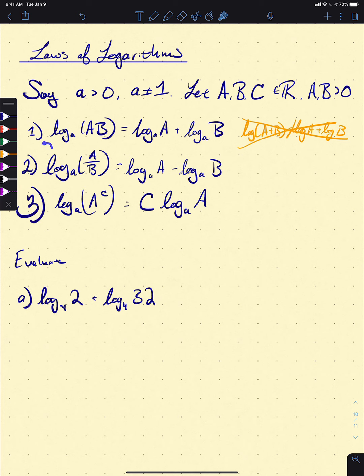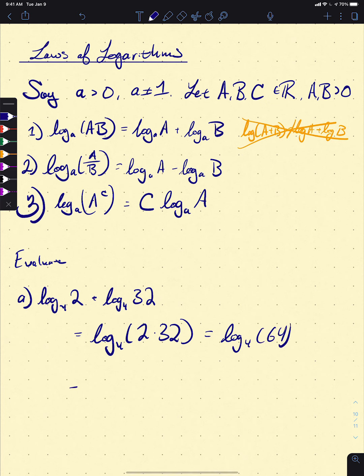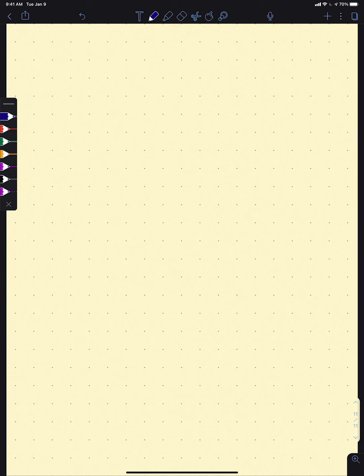But what I can do is use this rule to write this as log base 4 of 2 times 32, which is log base 4 of 64. But 64 is 4 cubed, right? So since we're taking the log base 4 of 4 cubed, that just leaves 3, okay?